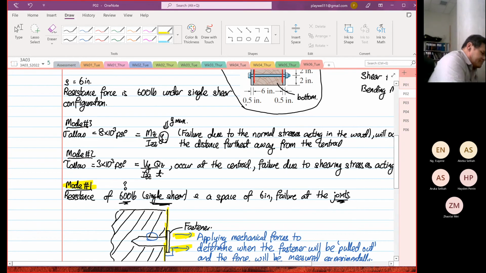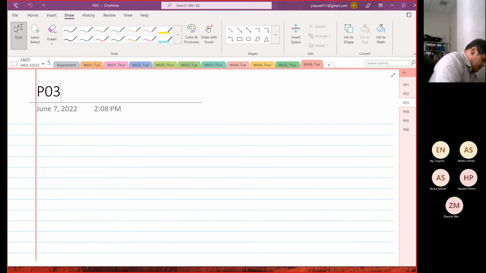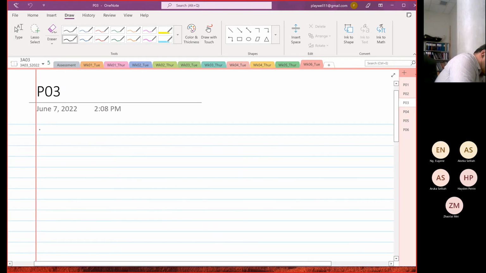Okay, right. So mode 1 that we are going to do. Does anyone have questions? So mode 1 is failure of the fastener.